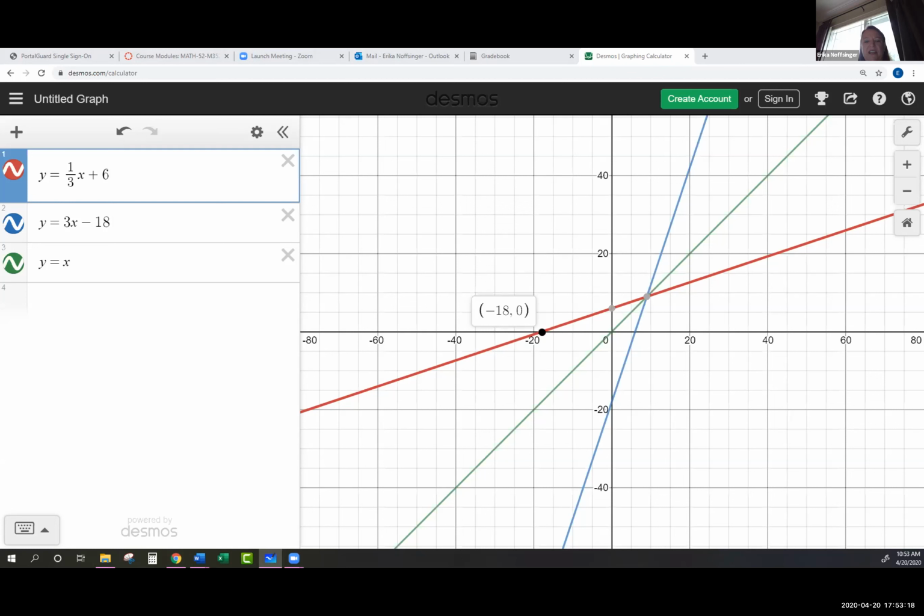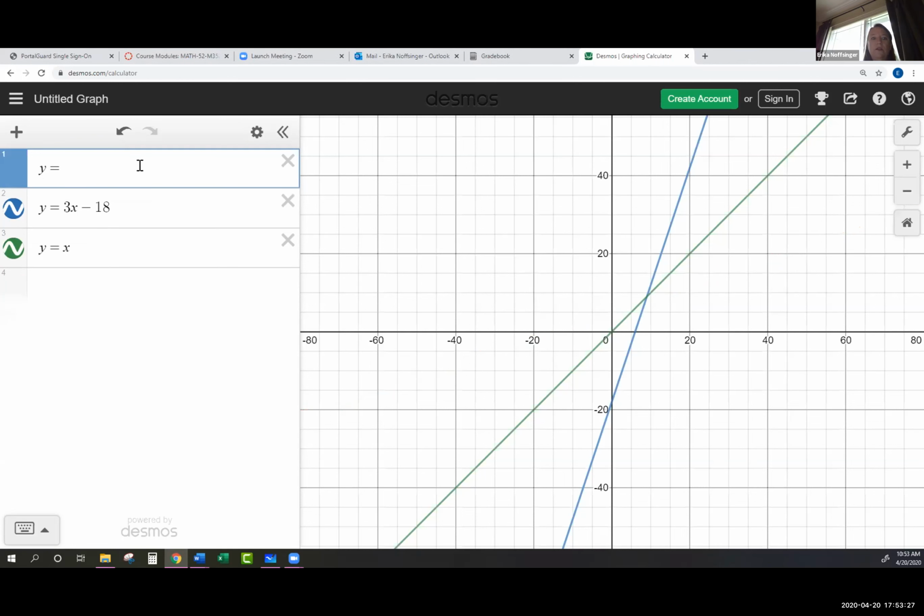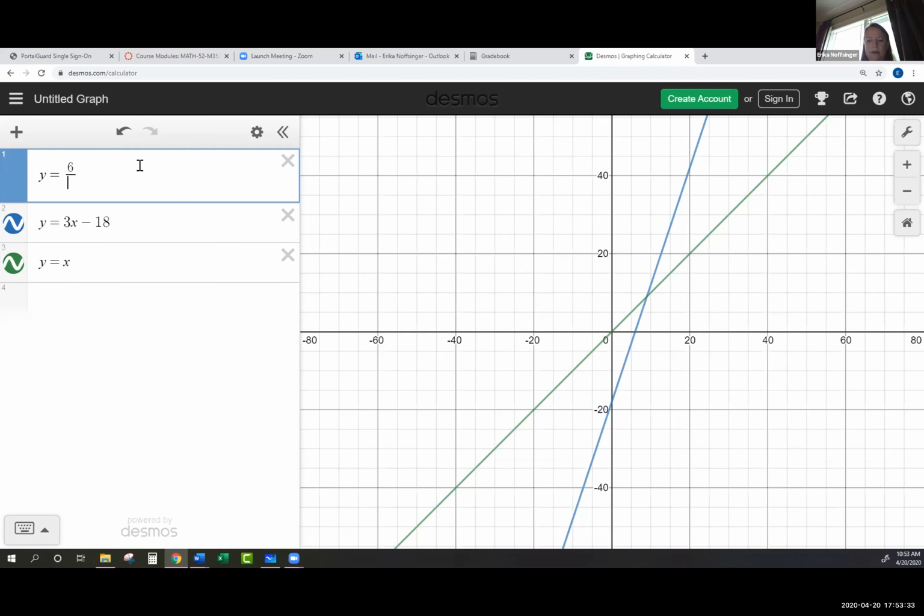So let's look at the other function. The other function that we originally had was 6 divided by 7 minus x.